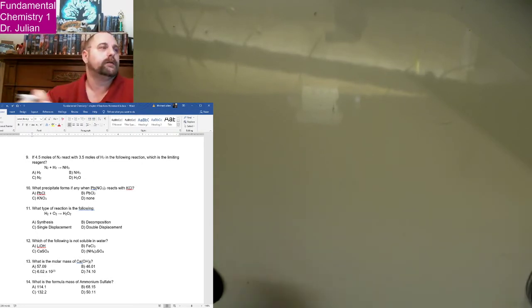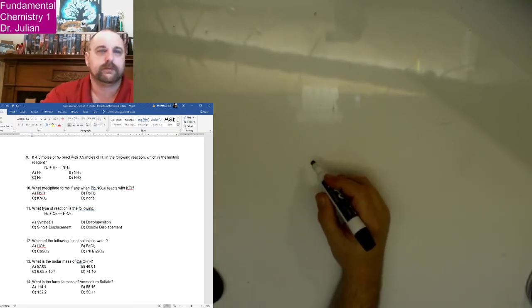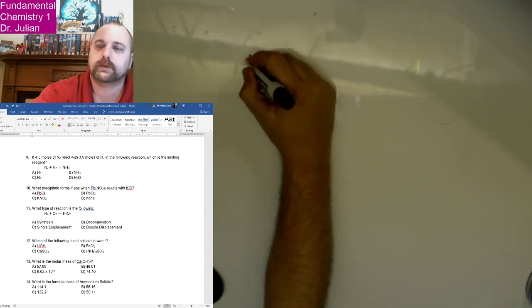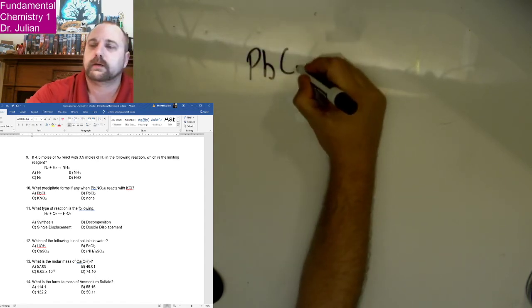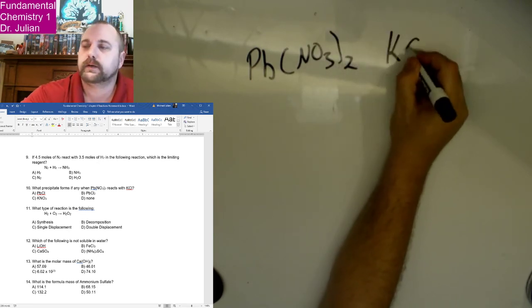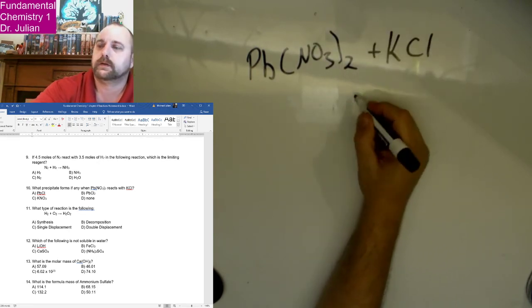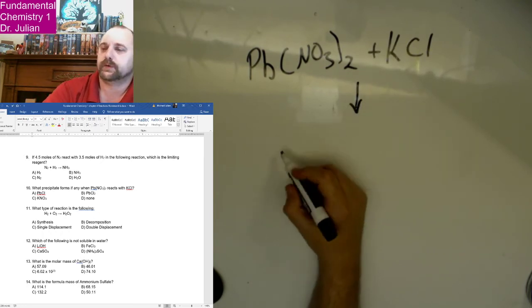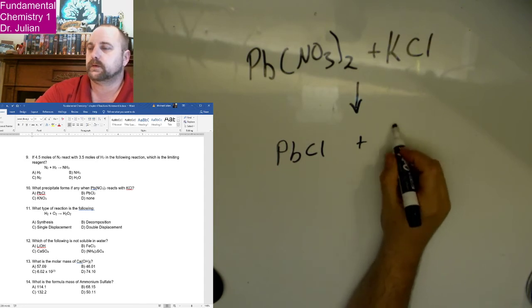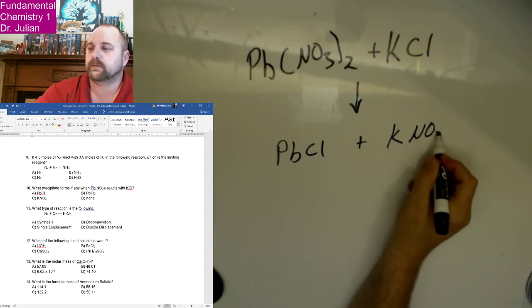Okay. So then what precipitate forms? Oh man, we got a lot going on. Pb(NO3)2 and KCl. That's a double displacement. So PbCl plus KNO3.